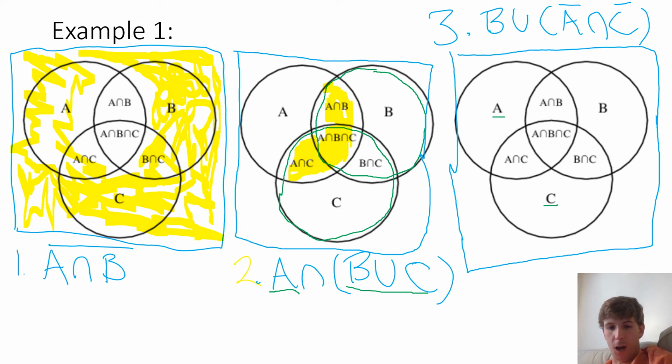So let's first color in everywhere where it's going to have B. Everywhere where it has B is going to be all the B circle, including where it has A or C. Those areas are fine, since it's B union those areas, it's fine that it has A and C as long as it has B, which it does.